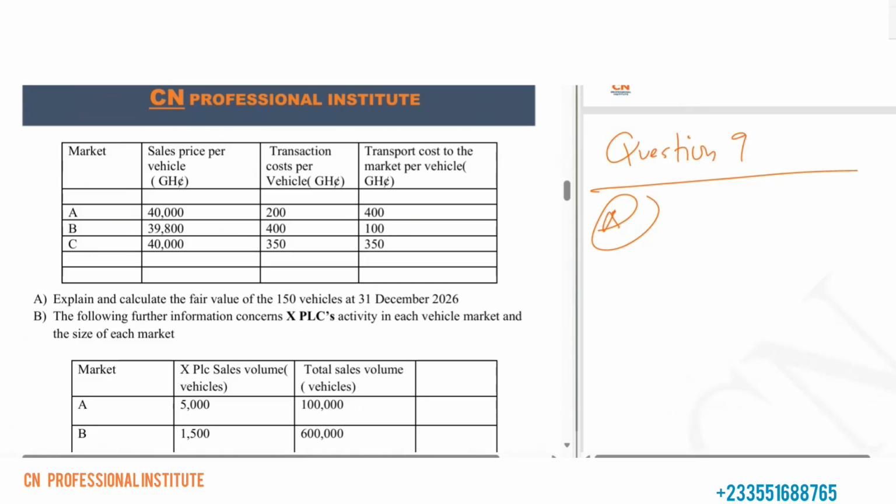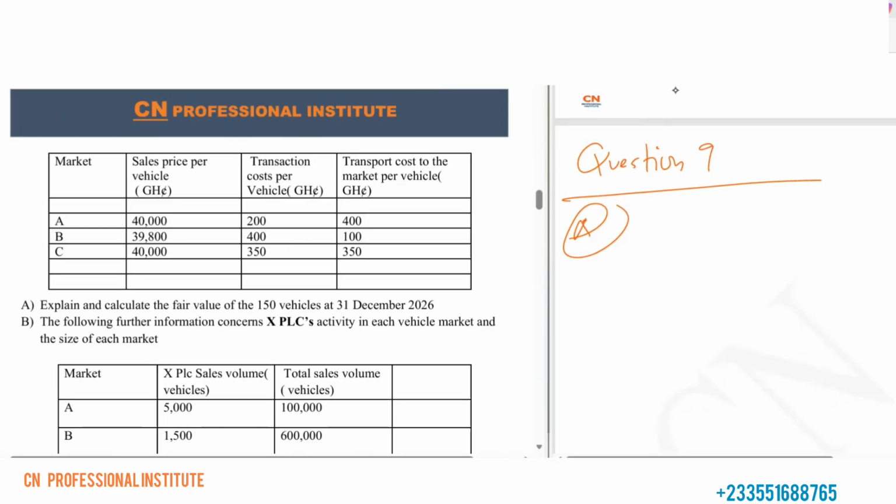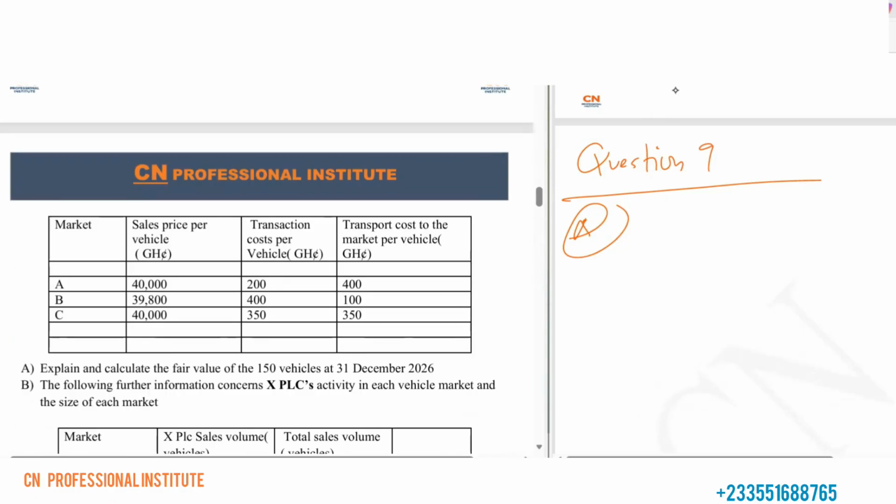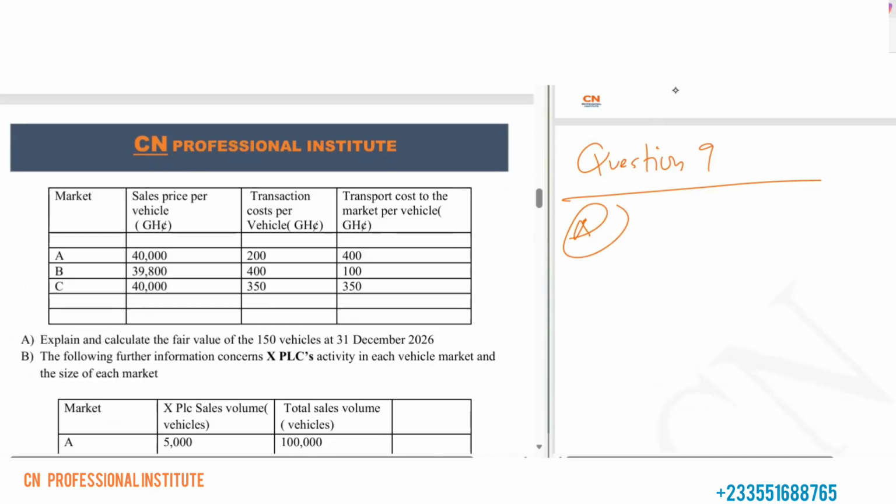It's the market in which the greatest quantity can be sold. So if you look at this question, do we have the principal market or not? We don't have the principal market. Why? Because we don't have quantities that can be sold in this market. We have units that can be sold in market A, in market B, in market C. So there's no principal market in this question.